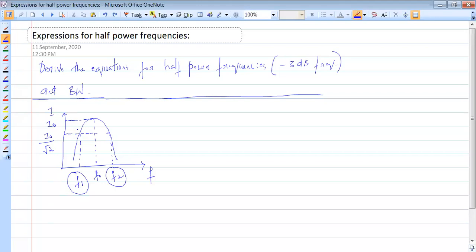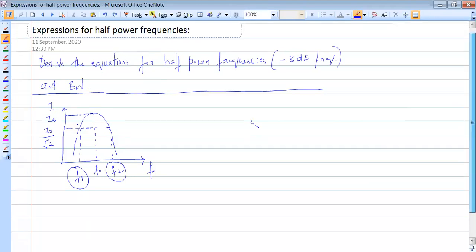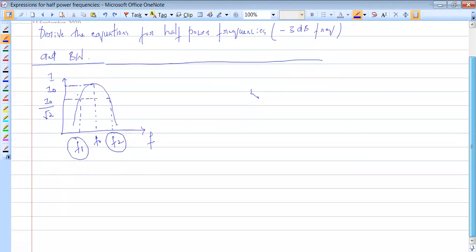So how shall we start? Like most of the other derivations, let's start even this with the equation at half power frequencies.